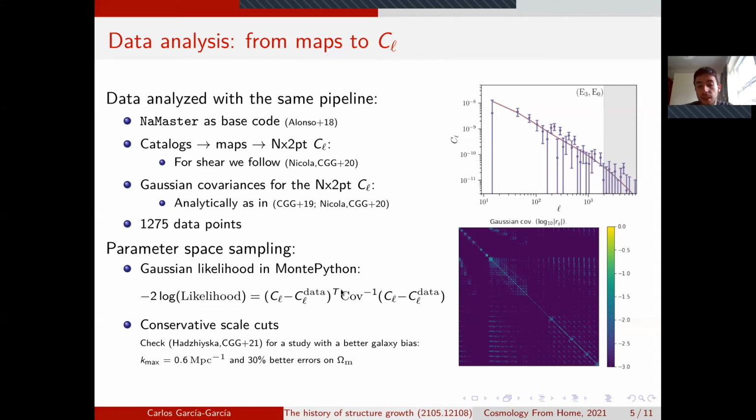The covariance here will be only the Gaussian part of the covariance matrix. In large scale structure, you have 3 different components of the covariance, 1 Gaussian and 2 non-Gaussian. But we have shown that the non-Gaussian parts have a negligible effect on our posterior distribution, so we just restrict ourselves to the Gaussian part.